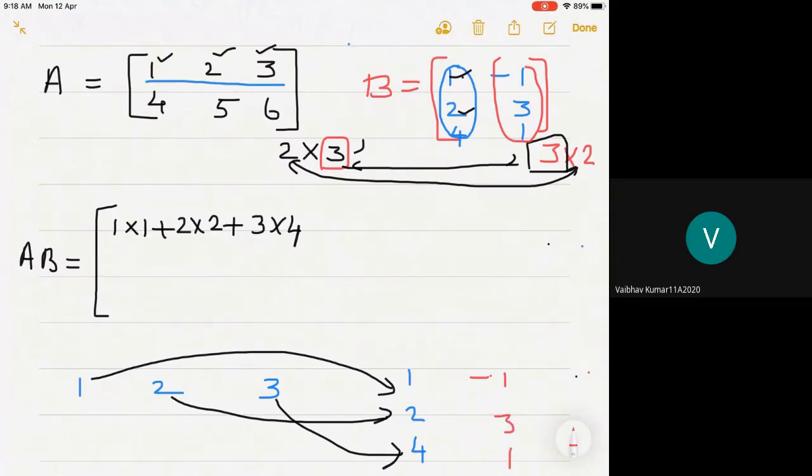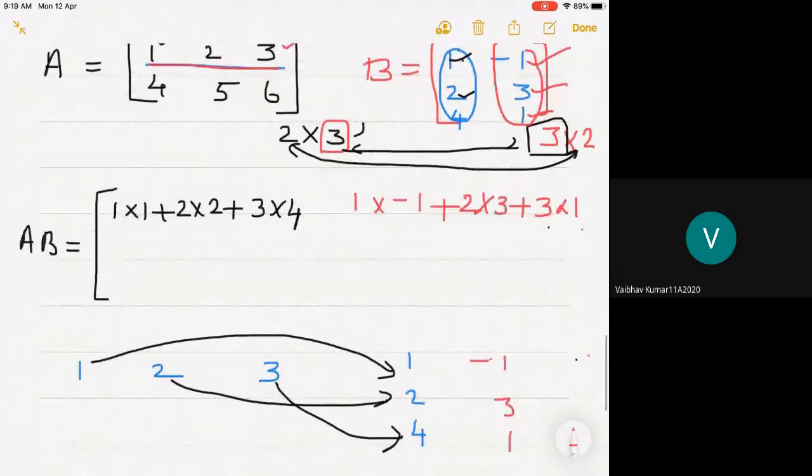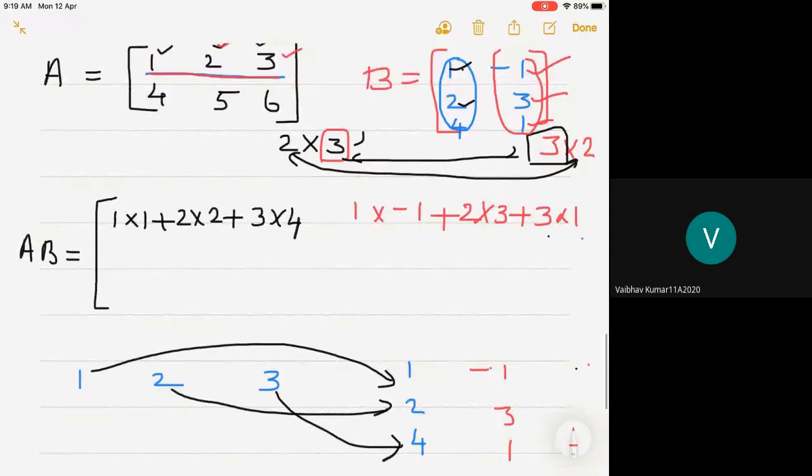So I multiply the first row with the second column: 1 into minus 1 plus 2 into 3 plus 3 into 1. The corresponding elements you multiply. This is the procedure. Now the first row's role is over.